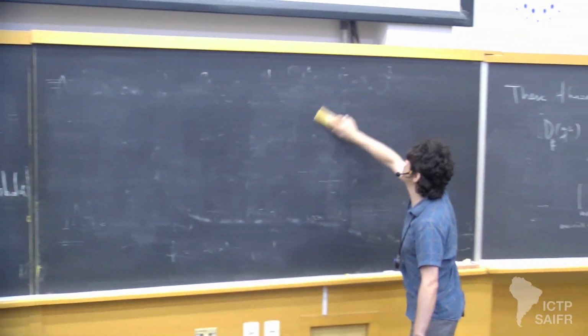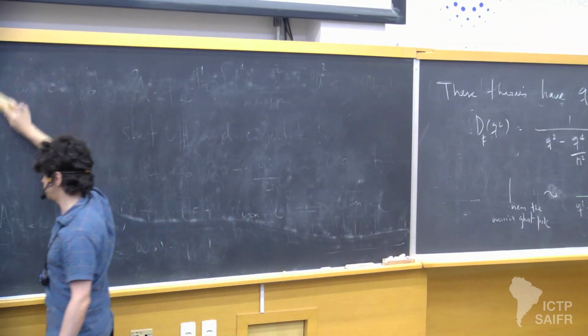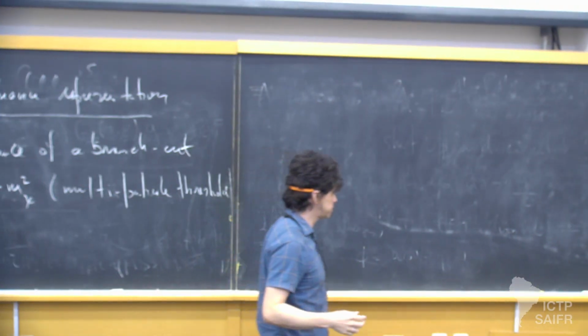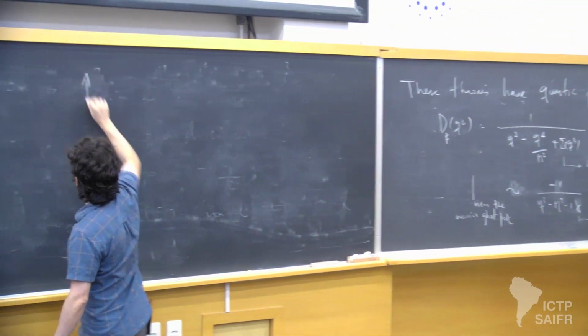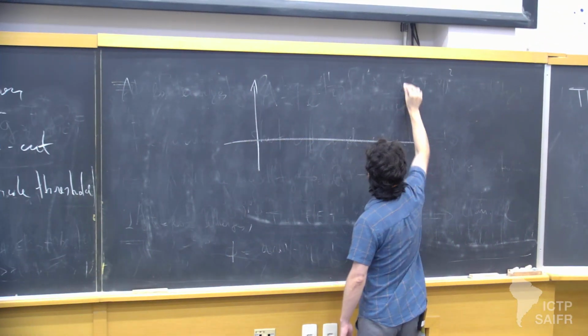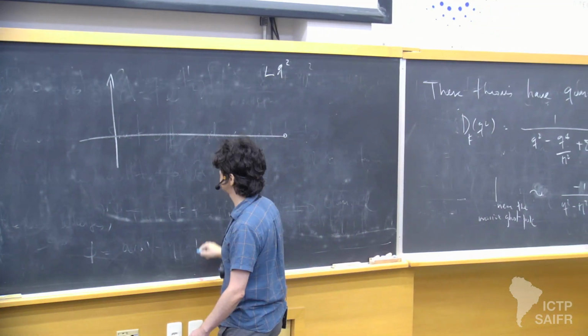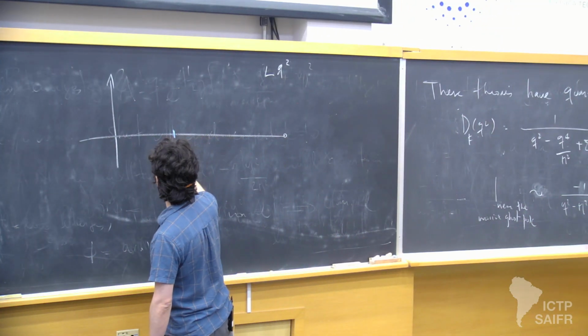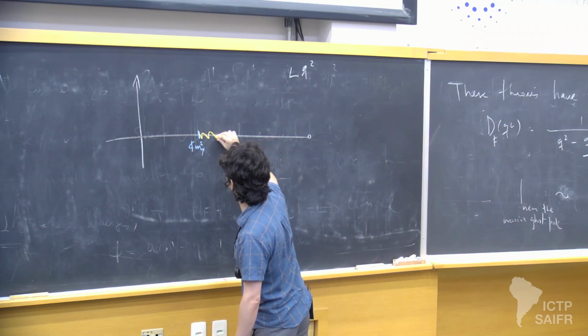And that is why you have the imaginary parts. Loop corrections give you this, right? So we are in the complex Q-square plane. We have the branch cut starting at 4m chi square. So this is the branch cut, right?